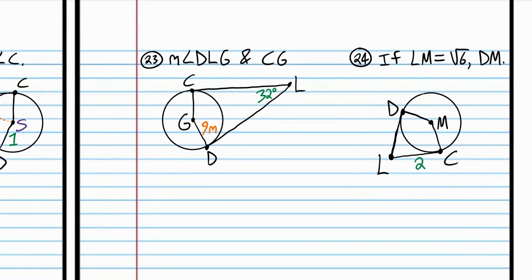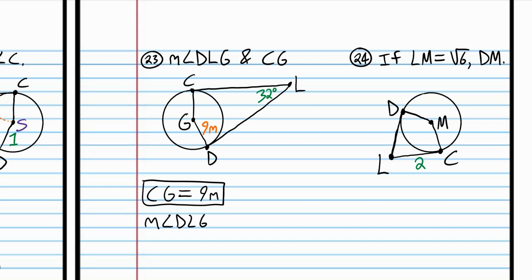All right, we're back. Let's do the easy part first. CG. That is a radius, and so that's 9 meters, same length as the other radius. Measure of angle DLG, that's going to be really easy because remember our theorems relating to kites, they apply here because this is a kite.